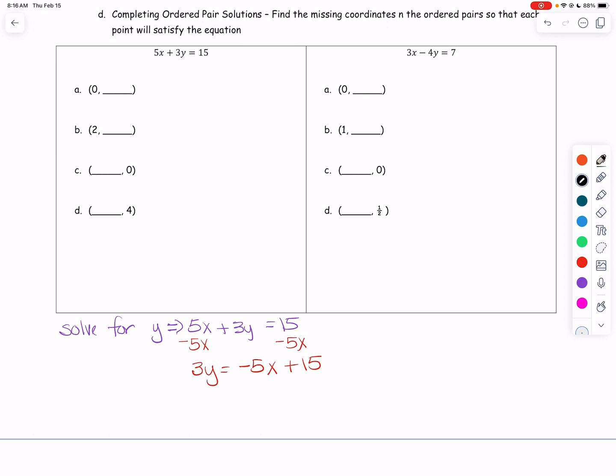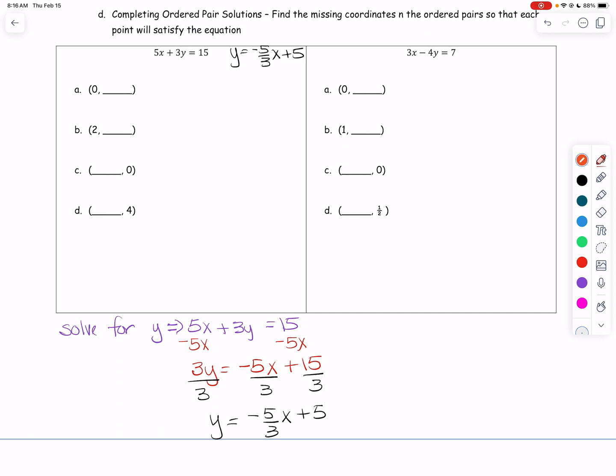And then I'm going to divide by 3. And so y is equal to negative 5/3 x plus 5. Okay, so that makes it a little bit easier, and I'm going to write that up here. y is equal to negative 5/3 x plus 5.